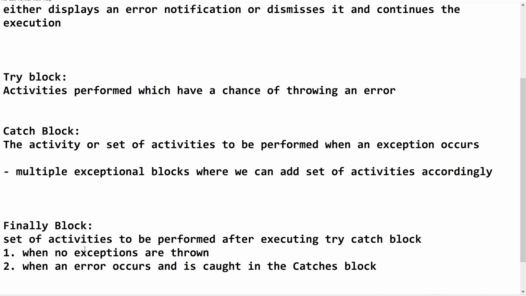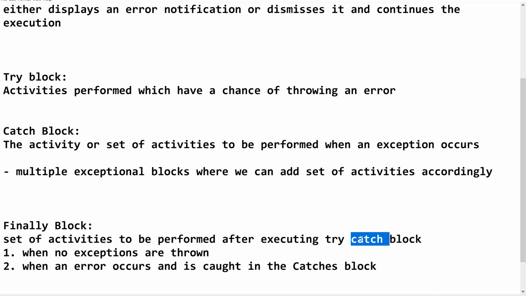after executing the try catch block, what this finally block is going to do is perform the set of activities when no exceptions are thrown or when an error occurs and is caught in the catches block. That means in both cases, even if the executor executes only the try block, finally is going to be executed.